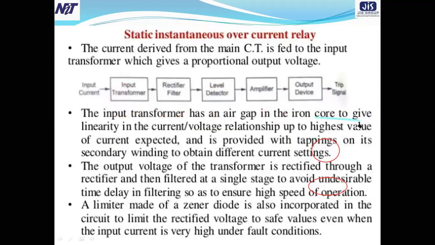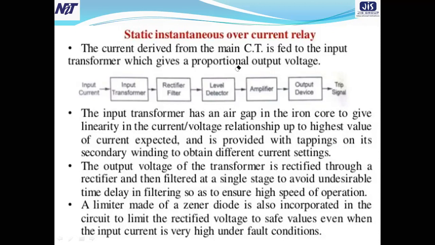Here is the static instantaneous overcurrent relay. We talked about instantaneous overcurrent relays in our previous lecture, but here it is the static instantaneous overcurrent relay. The current derived from the main CT, the current transformer, is fed to the input transformer, which gives a proportional output voltage.